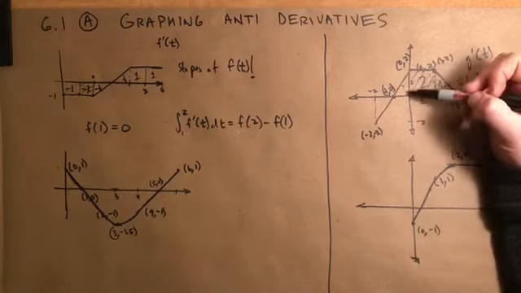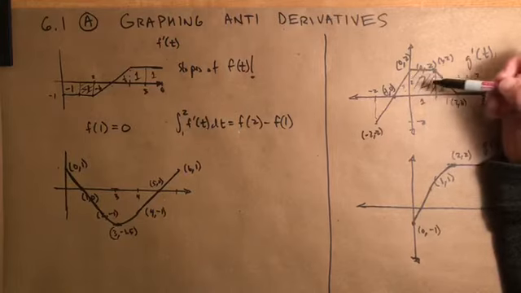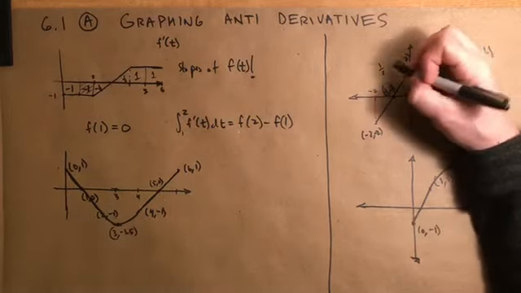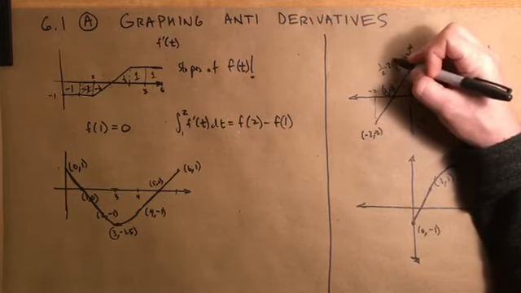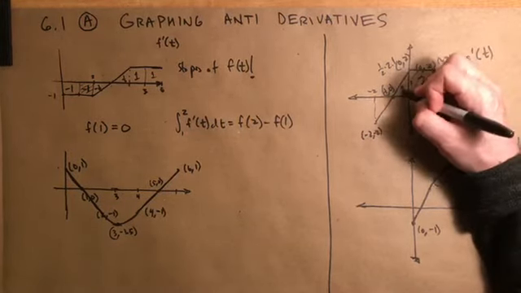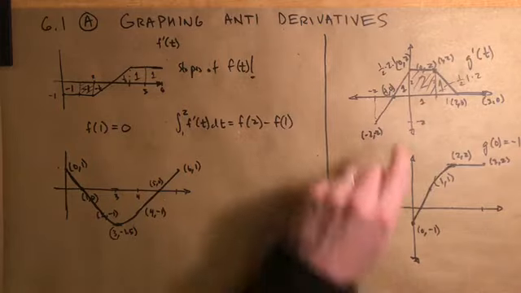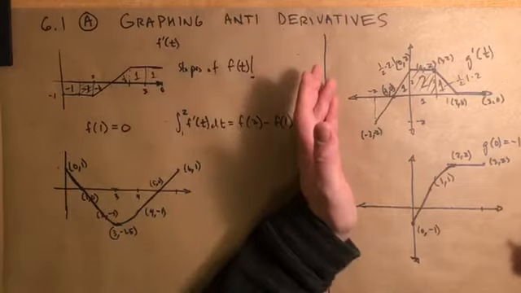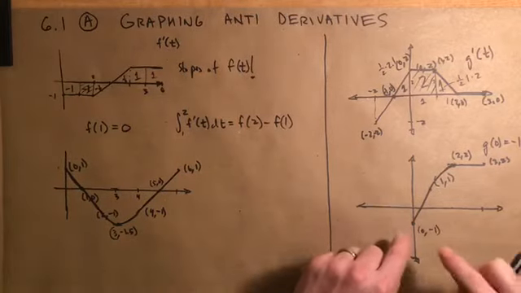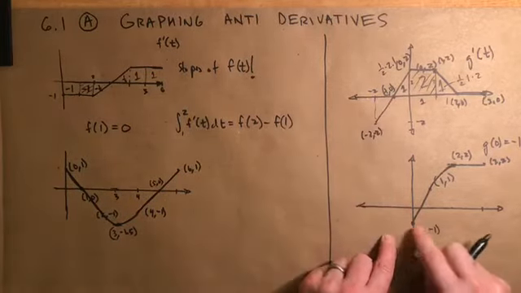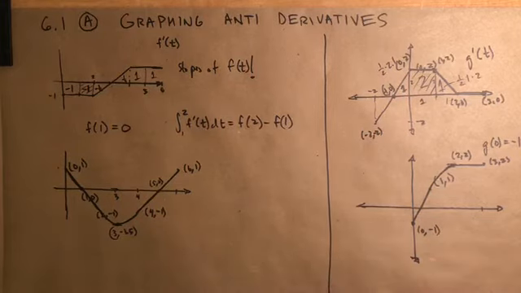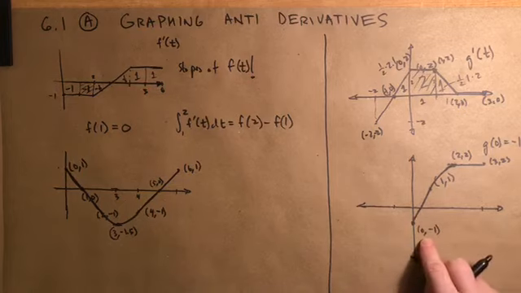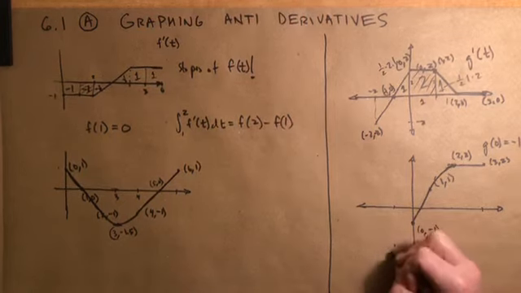Well, the height was 2, the width here was 1, and so we can have 1/2 times 2 times 1, and so that gave us a height of 1. Now, when the slopes are positive, my function did what? It increased. And so in going from -1 to 0, we increased by 1 unit. And so my new output value is going to be -1, -2.